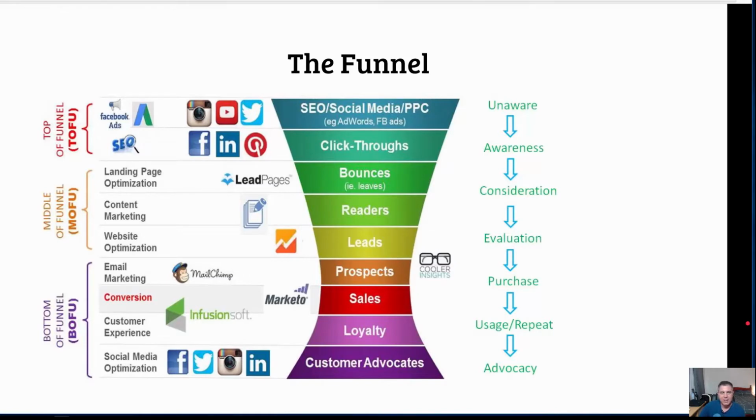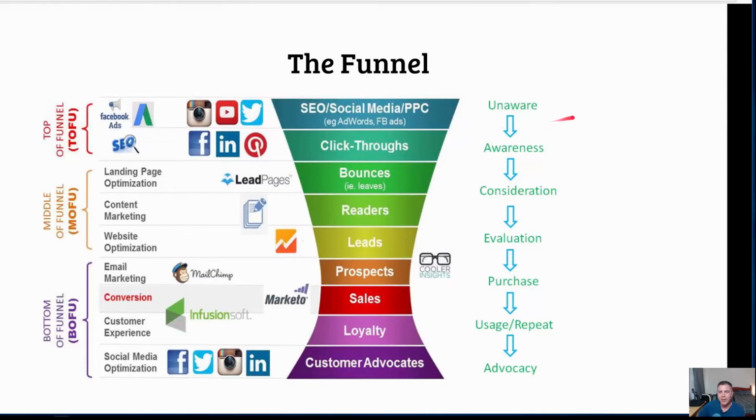This breaks it down even a little bit more. So don't get confused about all the stuff on the left. We can break it down just by looking at what's written on the right. If we look up here, we can see that we have potential customers who are unaware of us altogether.